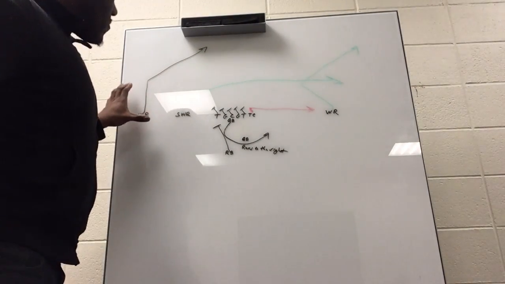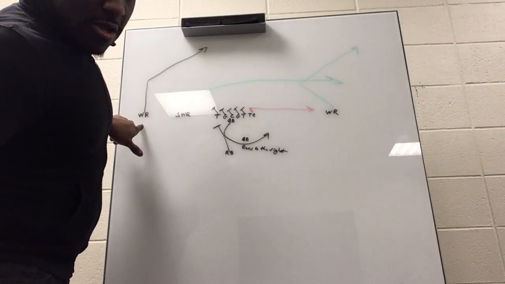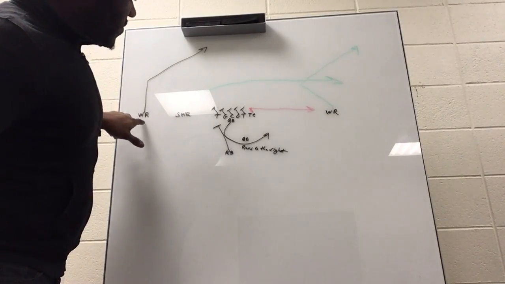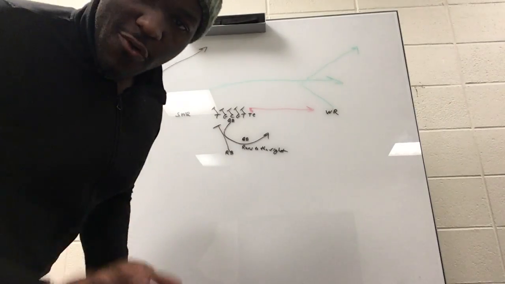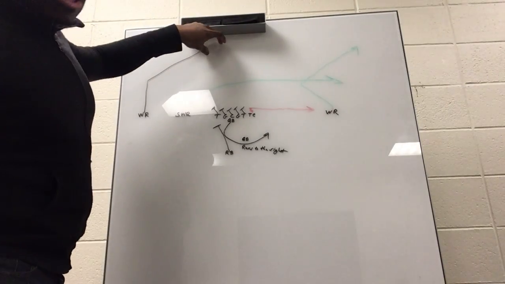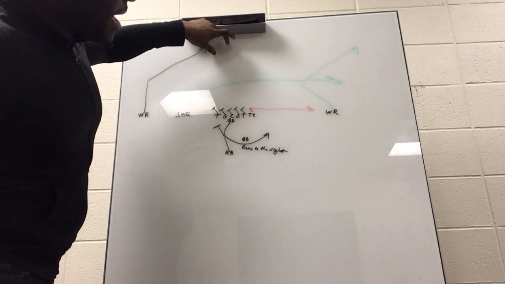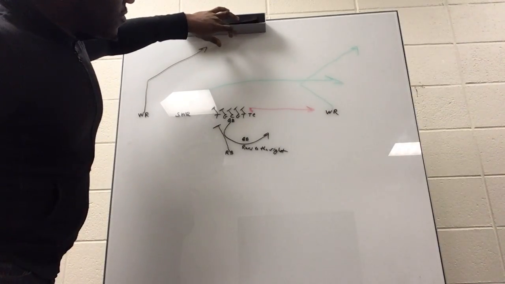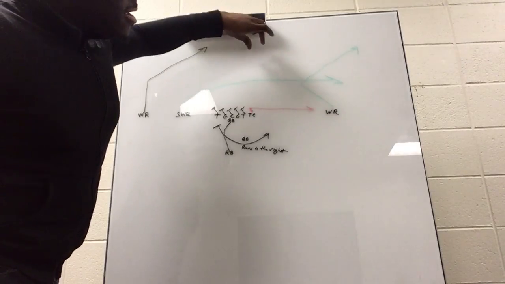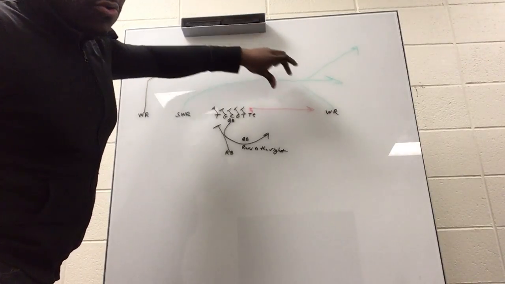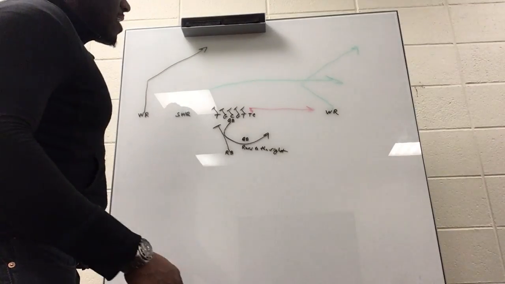Now, remember, the starting left side wide receiver is not as important within this play because it's essentially just keeping a safety. It's keeping a possible safety if they're doing deep coverage from leaking out into the flat or into the other routes within the play.